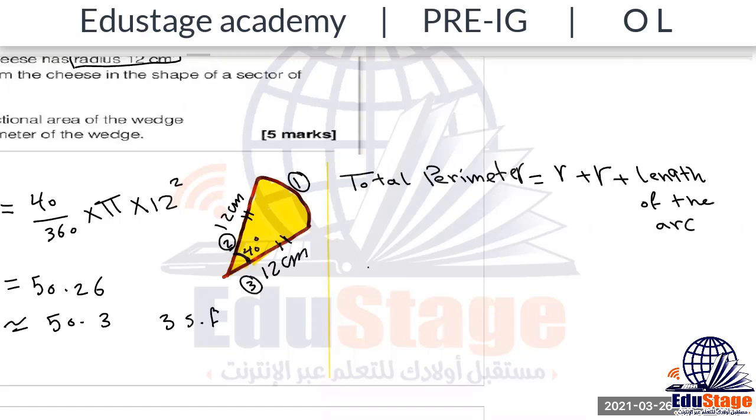Again, guys, you need to find the total perimeter. Perimeter means the length or the distance. Imagine that you are standing here and you want to move around the shape. So you need to find the perimeter, which means you calculate all this distance. So you find r plus the length of the arc plus the other r.